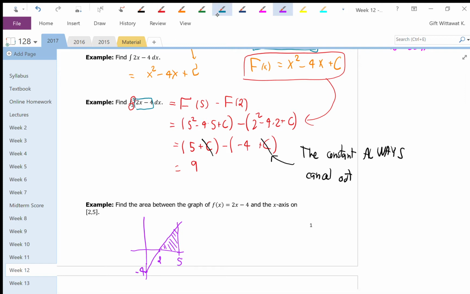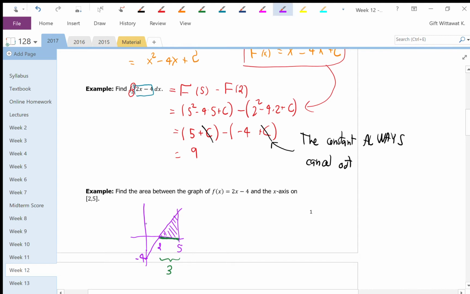The base of my triangle, you can kind of already see, the length of the base is 5 minus 2, so that's 3. What about the height of my triangle? The height is going to be the function value at 5. The function value at 5 is going to be 2 times 5 minus 4, so that's 6.